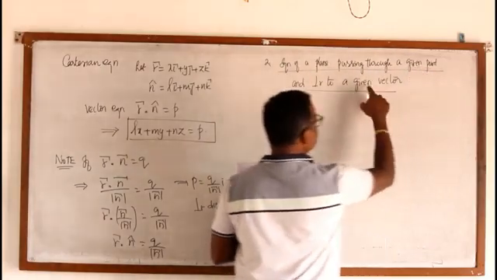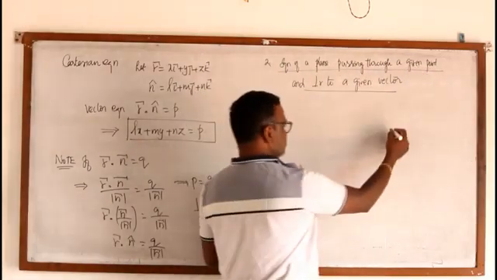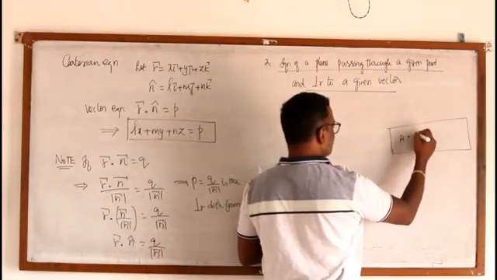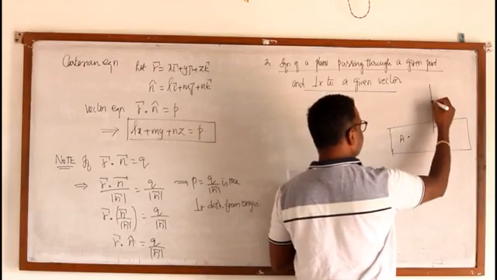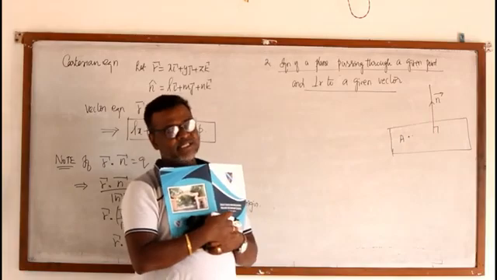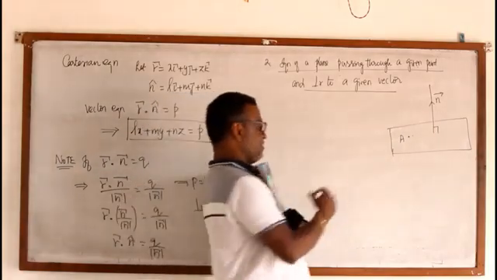So a point is given and a perpendicular vector is known. Suppose I have a plane, a point A is known and a perpendicular vector; a perpendicular vector means it is understood to be the normal vector, therefore n vector is given.